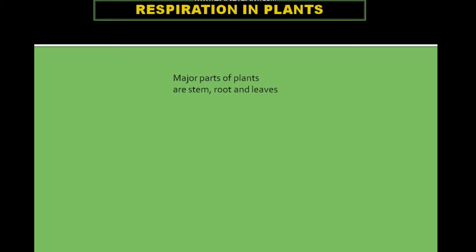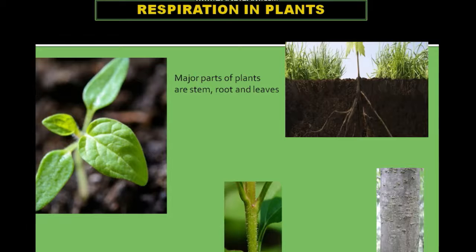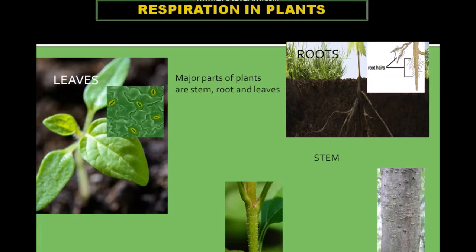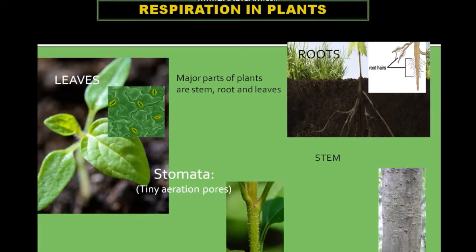Respiration in plants. Major parts of plants are stem, root, and leaves. In the leaves and stem, they require stomata, tiny aeration pores, for their respiration.